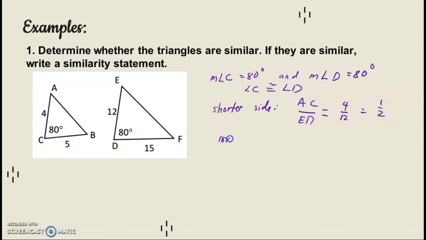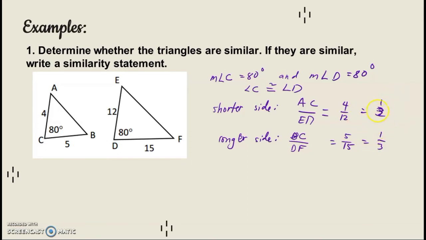Okay? Yung longer side naman, so we have BC over BF is equal to 5 over 15, or 1/3.